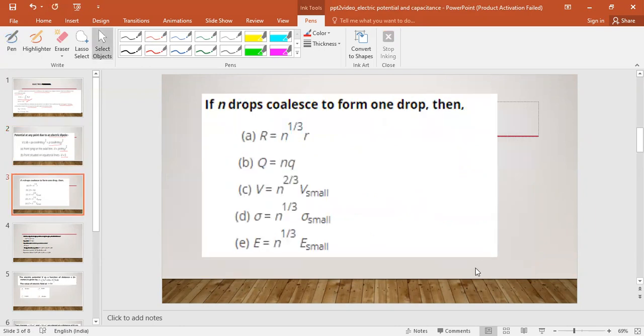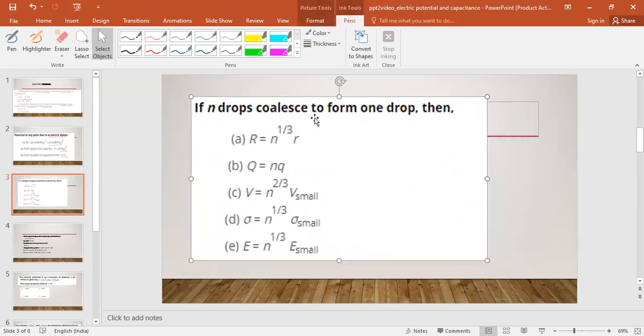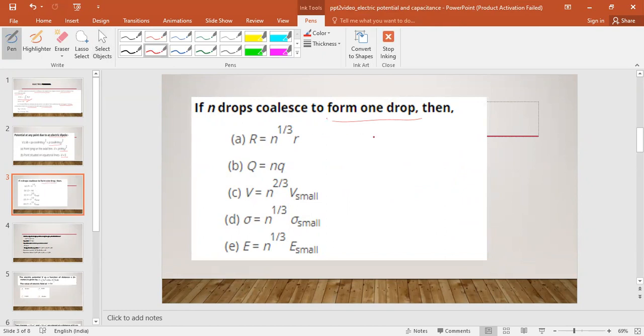Next, we have n drops having some charges, and these n drops are coalesced to form one big drop. Then the radius of the big drop, R, is equal to n raised to 1 by 3 times r. I hope you are remembering all these things.